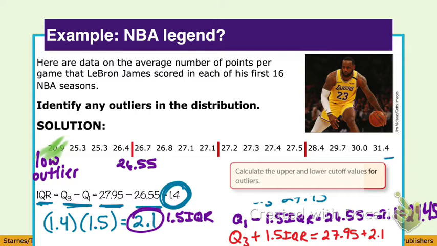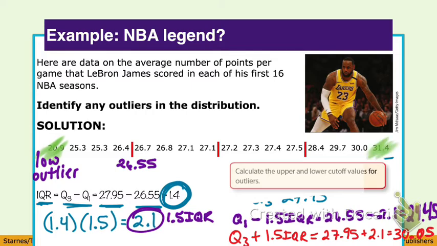What do you get? 30.05. So are there any numbers in our data that are bigger than 30.05? Yes, there is an upper outlier as well.